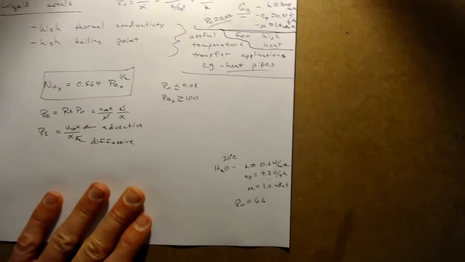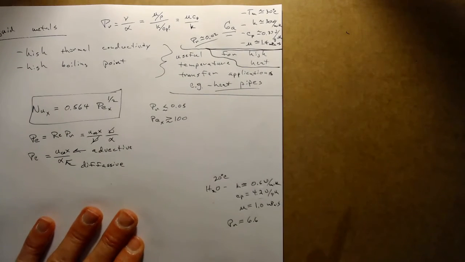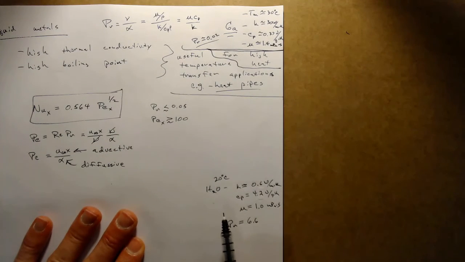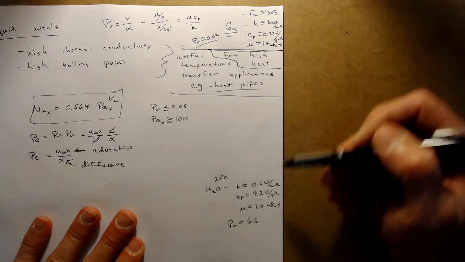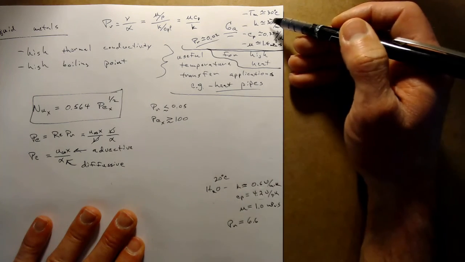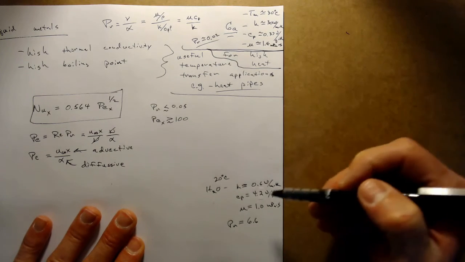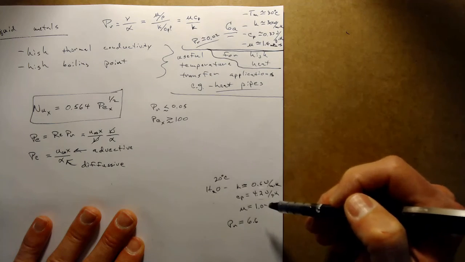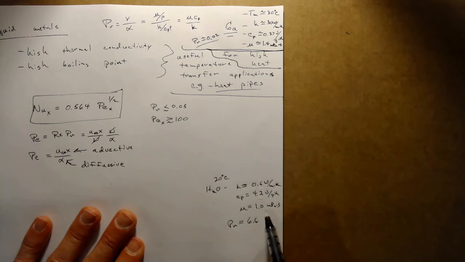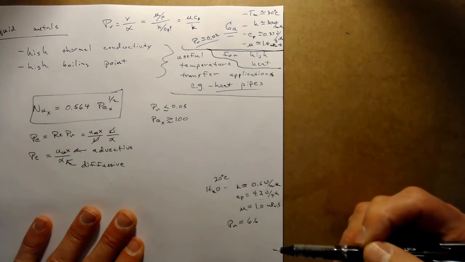Now, if we compare this to something like water, this is very small. Water at 20 degrees C might have a thermal conductivity of about 0.6, so that's 50 times smaller than the thermal conductivity of gallium. And it has a much higher specific heat, about 4.2, and the viscosity is not very different, about 1.